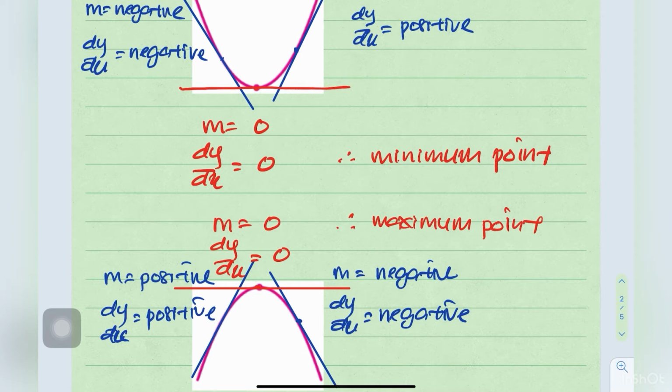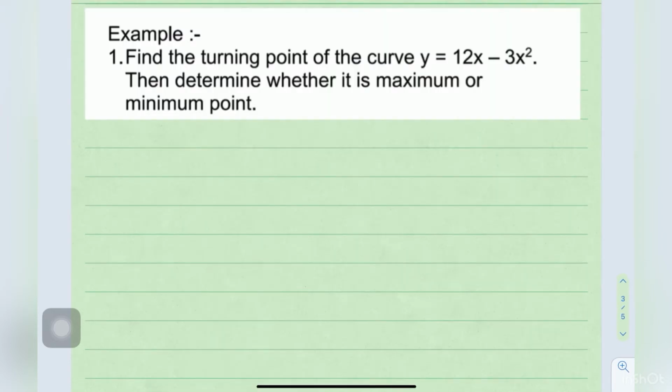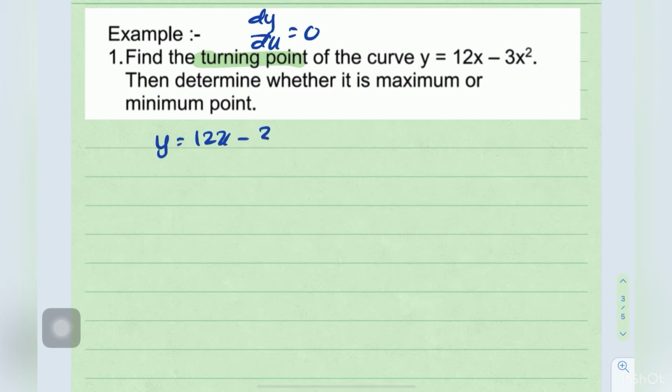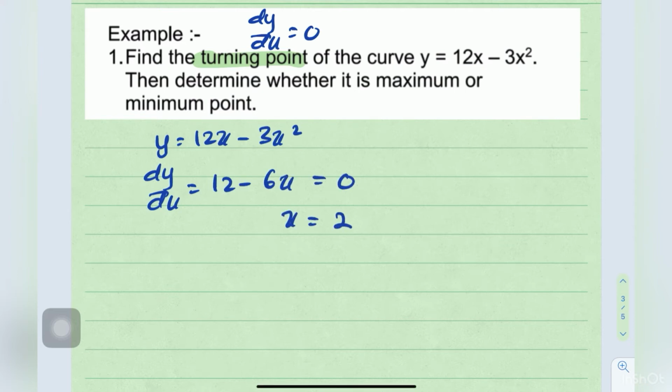From this explanation, we can conclude that for a maximum point or minimum point, dy/dx equals 0, meaning that the gradient equals 0. Let's do example 1. Find the turning point. From the explanation before, at a turning point dy/dx equals 0. For the curve y equals 12x minus 3x squared, we find the first derivative: 12 minus 6x equals 0, so x equals 2. Then we need the value of x and y to identify the point.